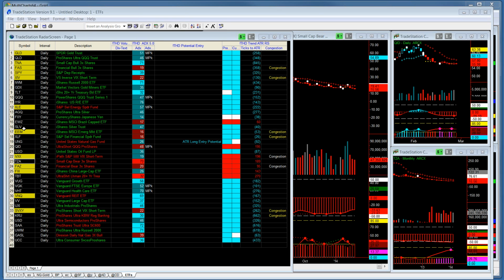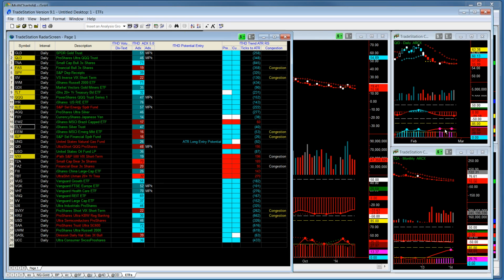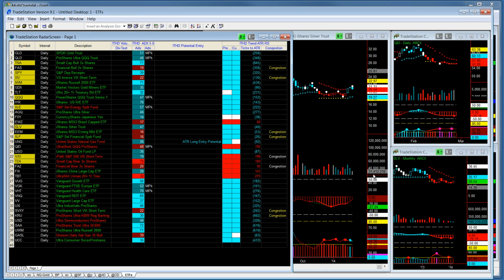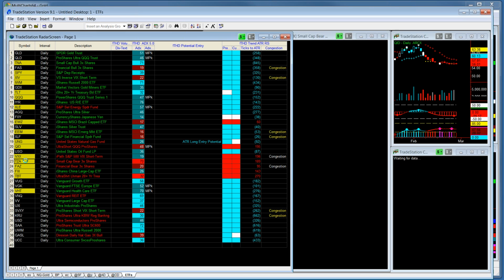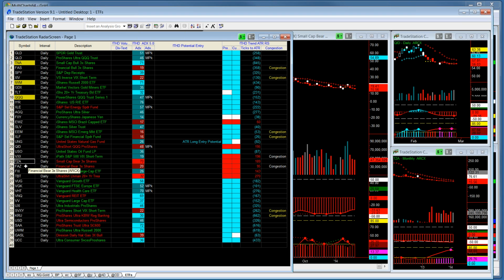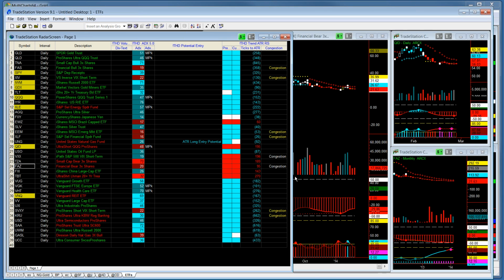The Silver Trust. You got 31 million contracts, I would say, yeah. But now silver, as far as futures, it does, but it also has a very, very high margin account. Let's look at FAZ.